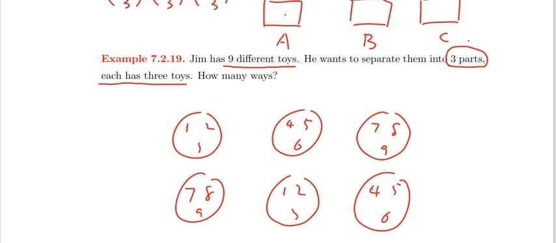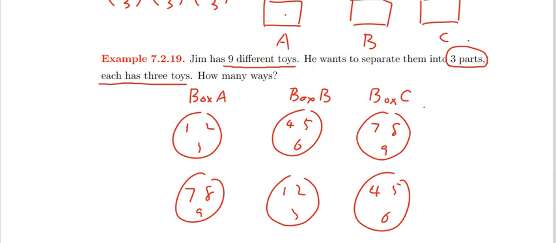Okay, so now suppose we consider the position, let's say box A, box B, box C. If we consider 3 different boxes, then the 2 ways for separations are different, right?